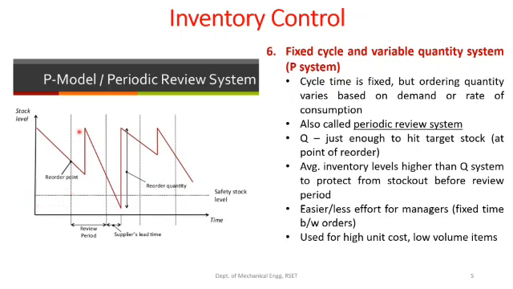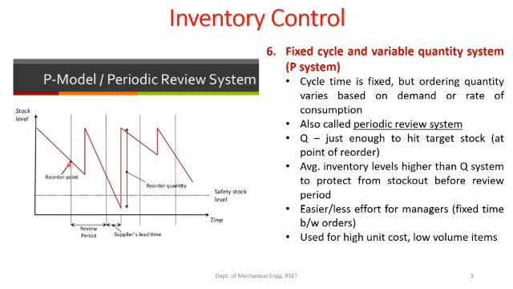You can see the vertical dotted lines that are represented; they represent review periods. That is the time at which you check the inventory level and place a corresponding order. So review points or reorder points are determined by the time of review.